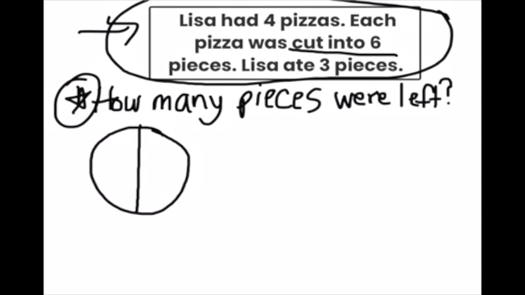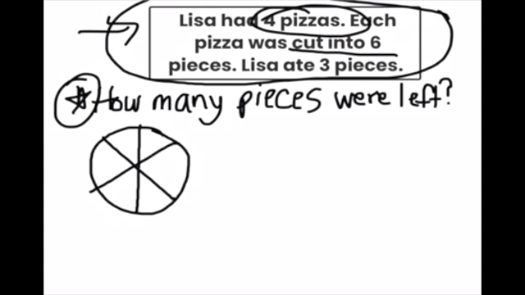So I am going to cut it in half and then do an X. And that piece of pizza right there is cut into 6 pieces. So how many pizzas did Lisa have? 4. So I want you to draw 3 more pizzas that look like my first one. And then I want you to figure out how many pieces were left if Lisa only ate 3 pieces. So pause the video and try this on your own.